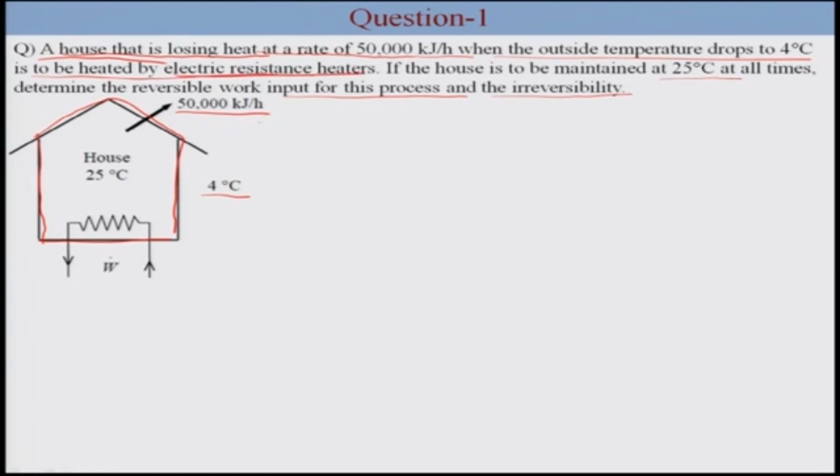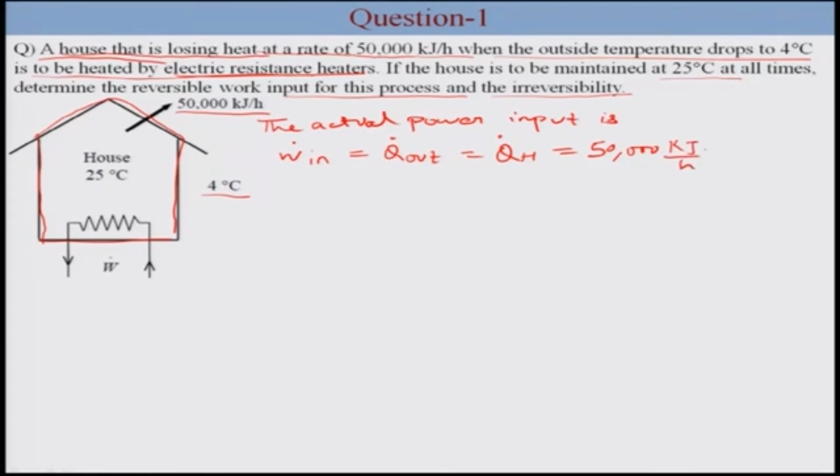So the actual power input is W in dot, which is also equal to the rate of energy which is going out, and it is equal to QH dot, and this is 50,000 kilojoule per hour, or it can be written as 13.89 kilowatt.